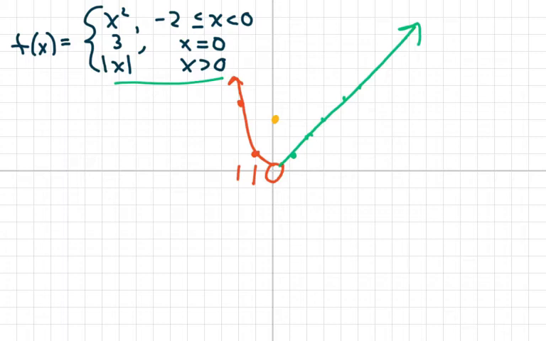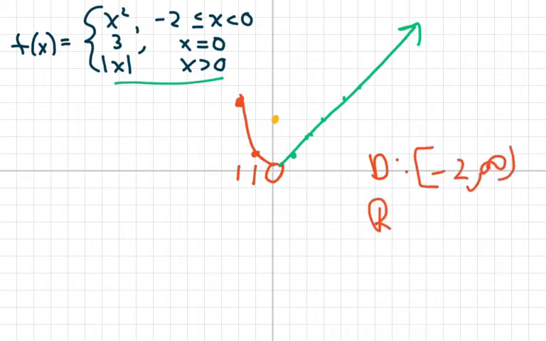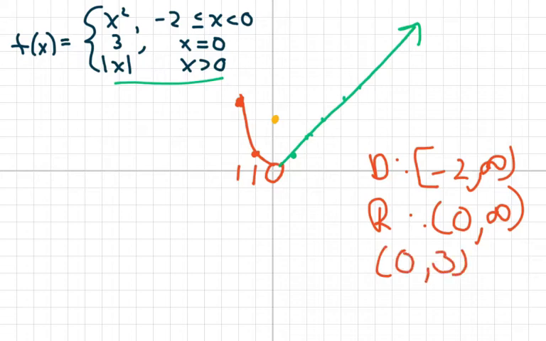And what I do here, we have to stop here, so that should be closed right there. So your domain is -2 to infinity. Your range is 0 to infinity. And your intercept is at (0, 3). And then you can plug in the others.